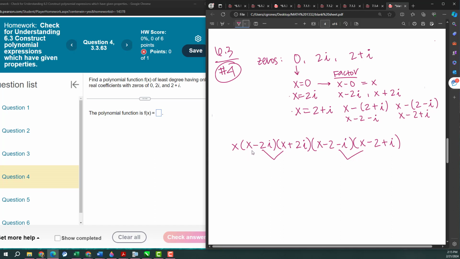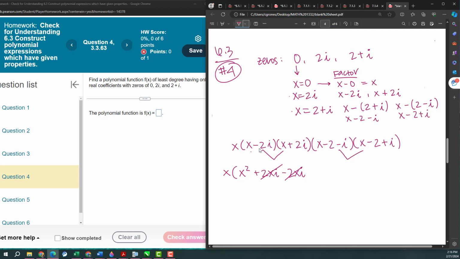We're going to FOIL. We have our first, which is x times x, so we have x squared. Then outside I've got positive 2xi, so plus 2xi, and then the inside, minus 2xi. So we already have some stuff that's canceling out.